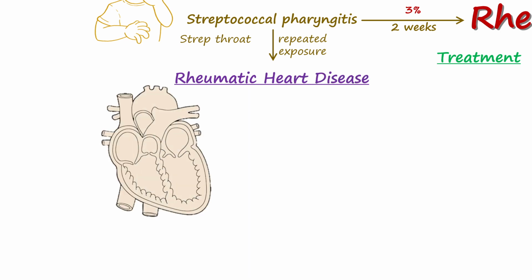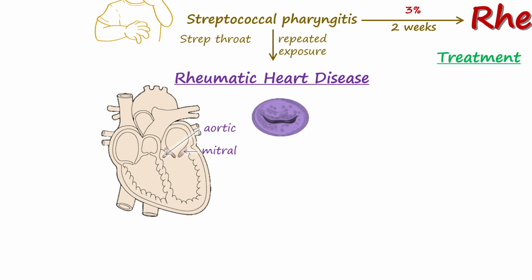In chronic rheumatic heart disease, the mitral valve and occasionally the aortic valve are damaged due to repeated inflammation. This results in the development of scar tissue, causing thickening and fusion of the valve leaflets, a condition known as commissural fusion. Additionally, the chordae tendineae, which attach to the valves, may also become thickened.